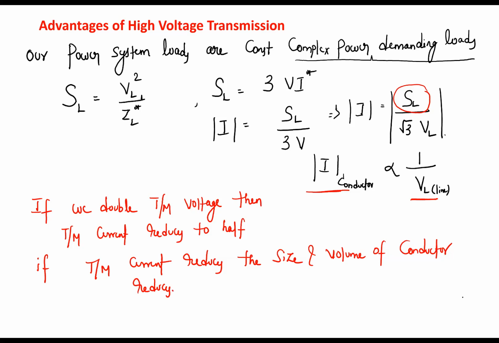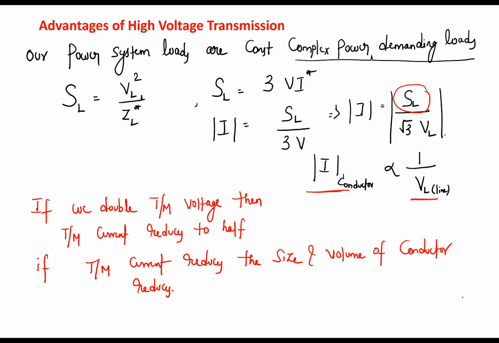So what is the advantage if the transmission current decreases? Once the transmission current decreases, the size of the conductor decreases, and losses also will decrease. Voltage drop in the transmission line will decrease. Because the current is less, the voltage drop will also decrease. You will get better voltage regulation.